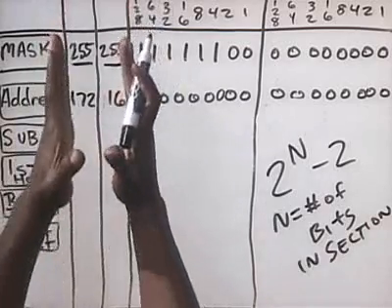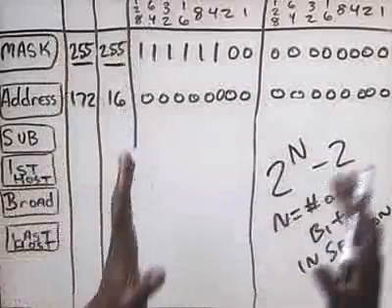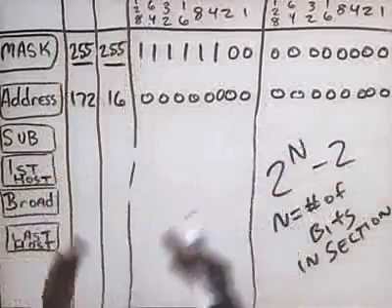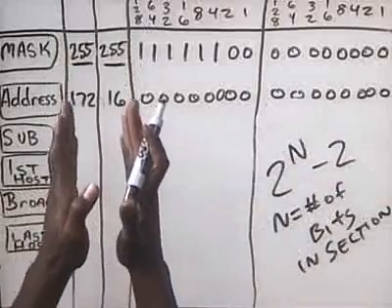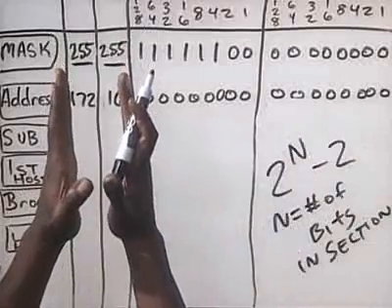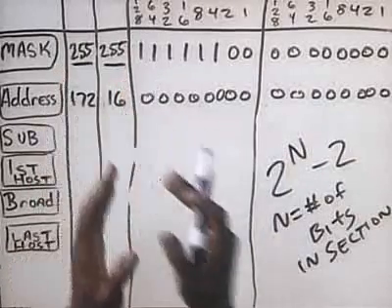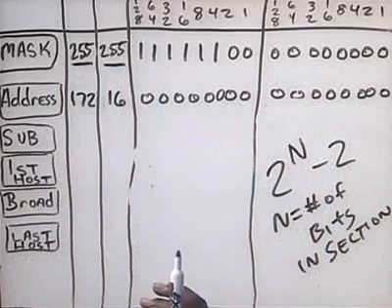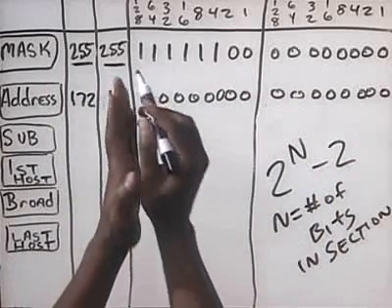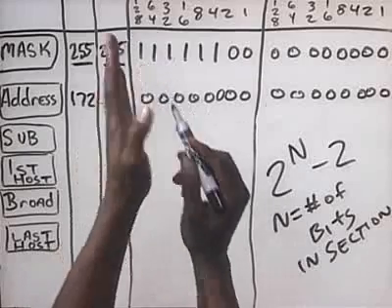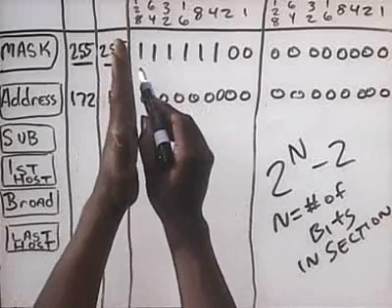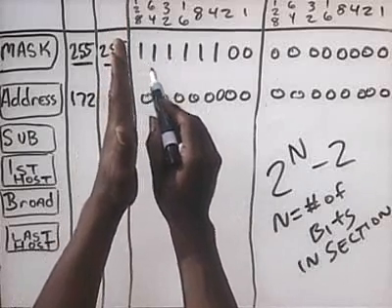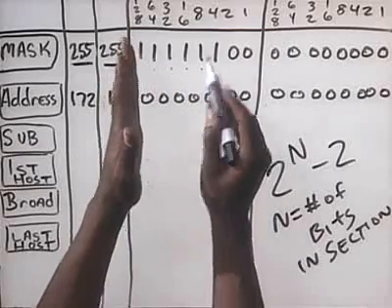There's the network section, the network bits, and then there's the host section. With this being a class B address, there's 16 bits by default in the network section, 16 host bits by default. Here, however, we've now extended beyond the default mask, an additional 1, 2, 3, 4, 5, 6 bits.